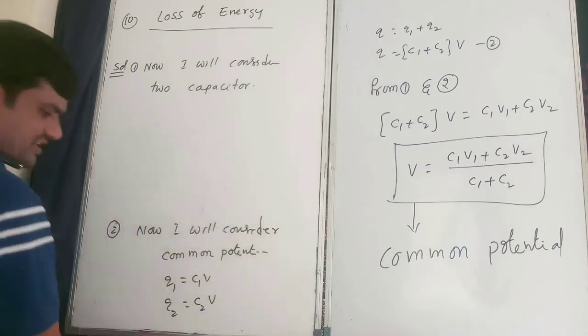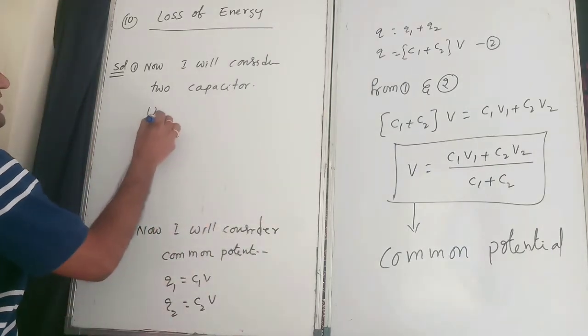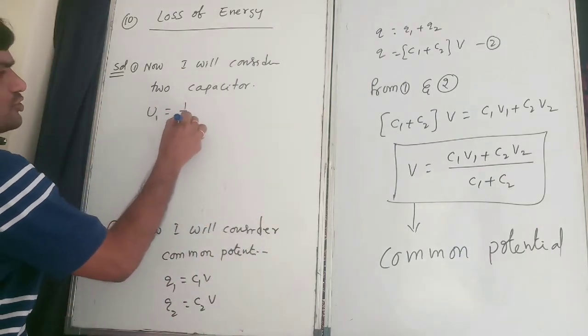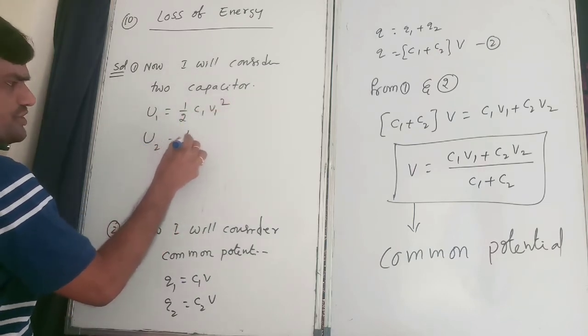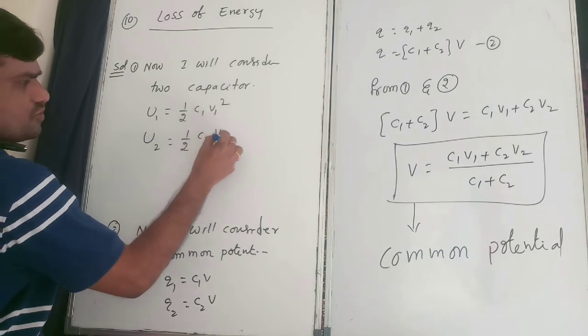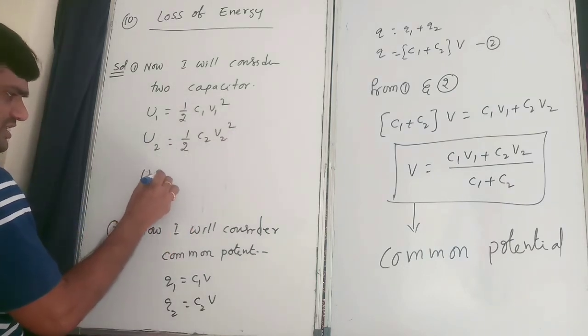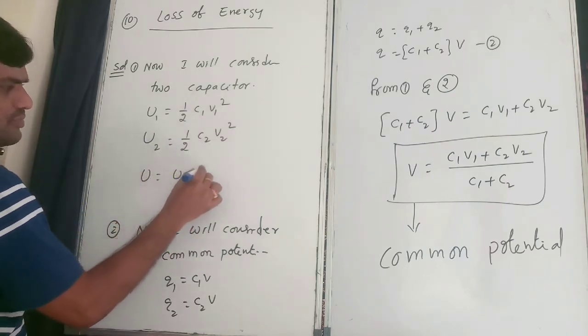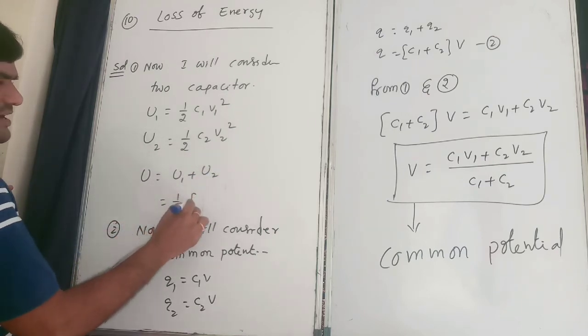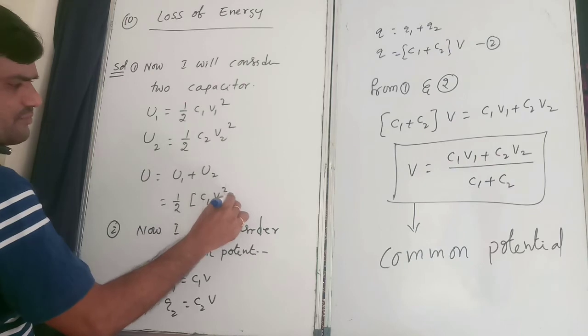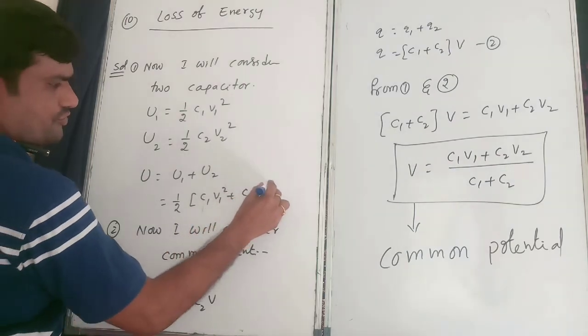So first capacitor energy U1 is equal to 1 by 2 C1 V1 square. U2 is equal to 1 by 2 C2 V2 square. Therefore total U is equal to U1 plus U2, that is 1 by 2 take common, (C1 V1 square plus C2 V2 square).